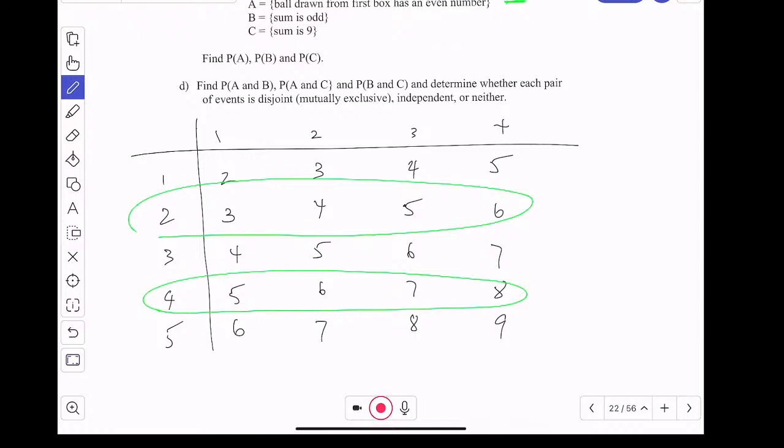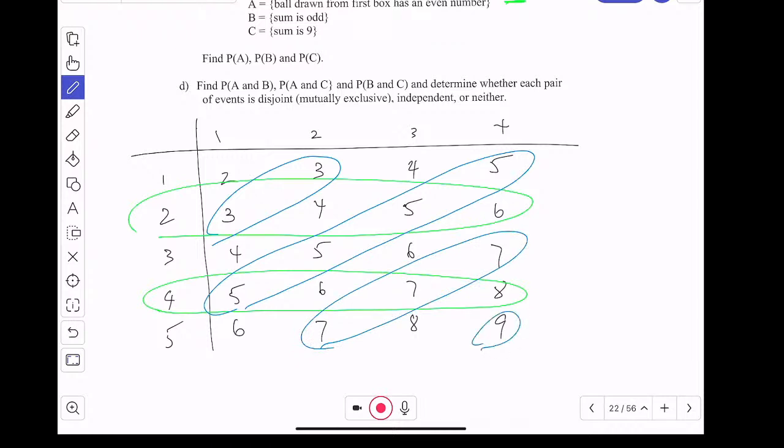And B will be sum is odd, so I'll use blue. Which ones will that be? It will be these, and these, and these, and that. So that will be blue. And the sum is 9, I will use red.